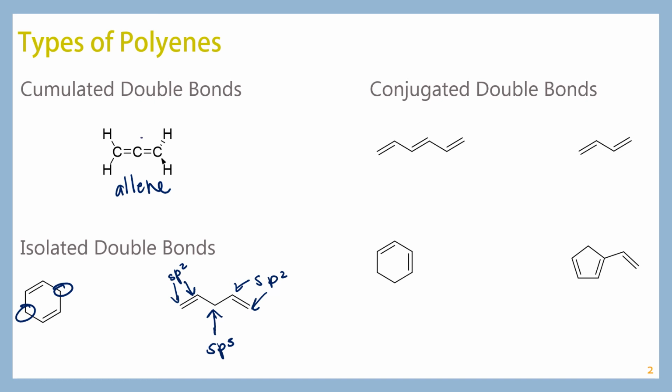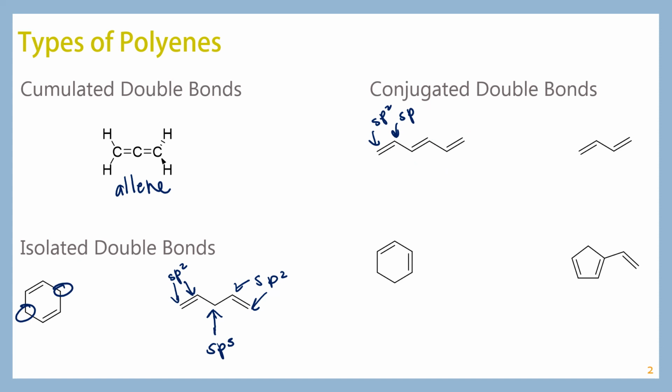But notice that this carbon here is sp hybridized. It is not sp2. And so it's actually very different from the other ones. So here we have sp2, sp2, sp2, sp2, sp2, sp2, right?